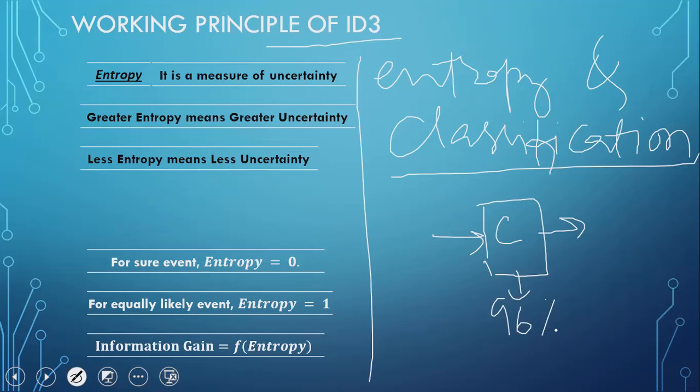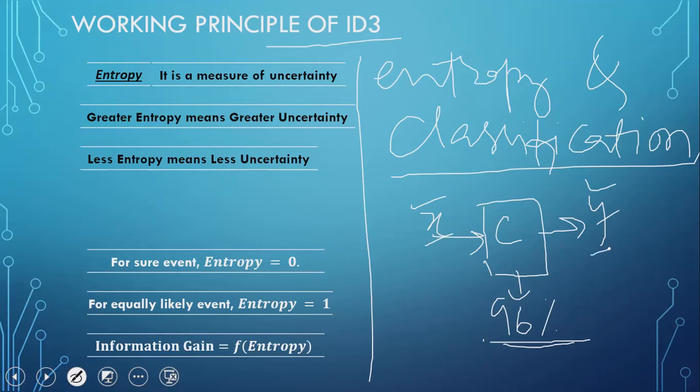That means when we give some input X, and this classification model classifies this input X to the class Y, that means with 96% surety, input X belongs to class Y. So the model is 96% sure that this X belongs to the class Y.